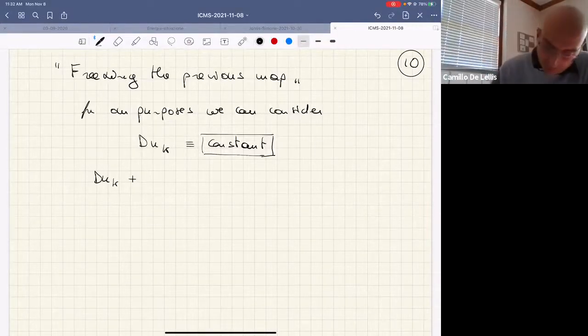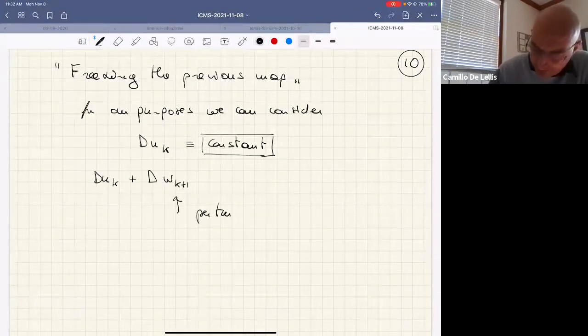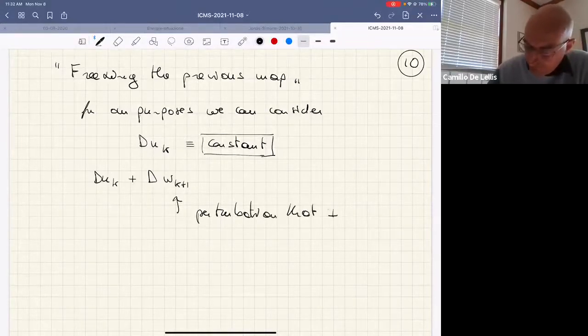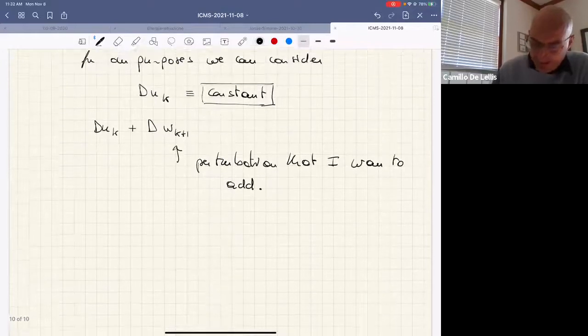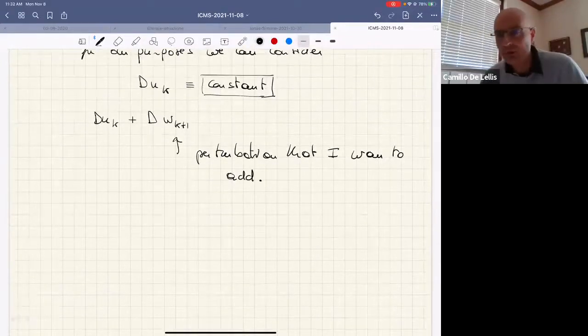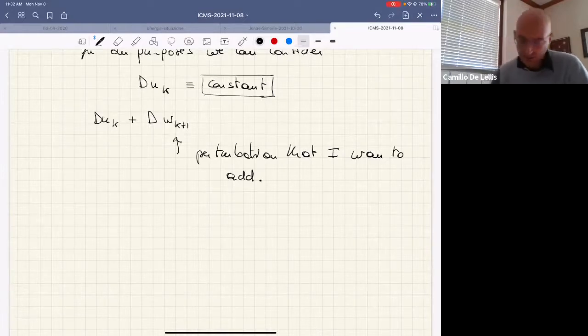Okay, so in other words, here I want to add the perturbation. Let me call it WK plus 1. So this is going to be the perturbation that I want to add. Okay, and instead of focusing on the fact that I'm adding a perturbation which has to be an exact derivative, let me focus on the fact that I want to add a perturbation of the following type.